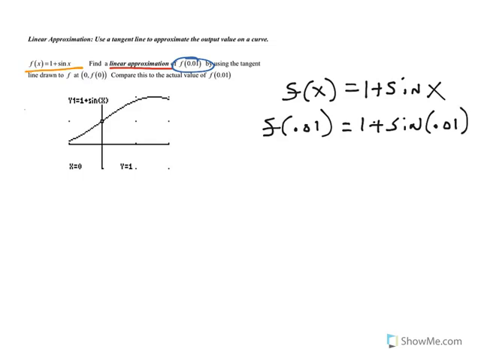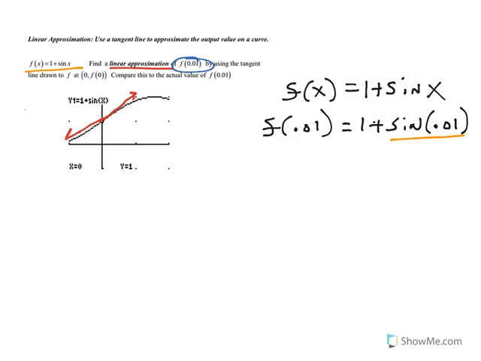And here's where the tangent line and the approximation comes in. Let's suppose that you didn't have access to a calculator or a computer to find what the sine of 0.01 was. Let's say you were limited in technology and had to do this all by hand. You could get an estimate by using a tangent line. So we're going to build our tangent line at this point of tangency.